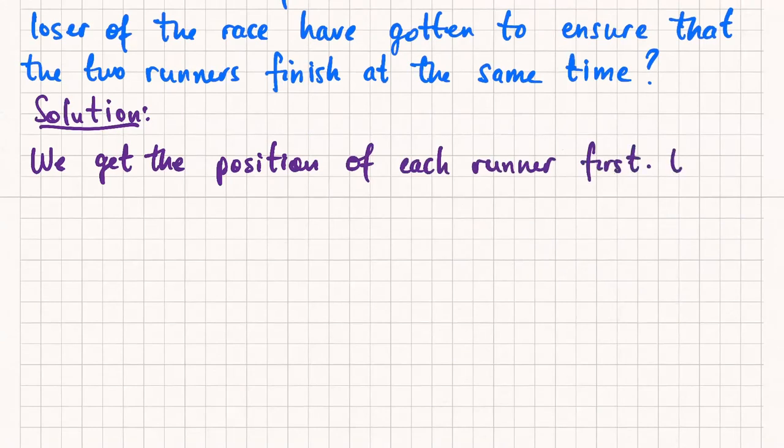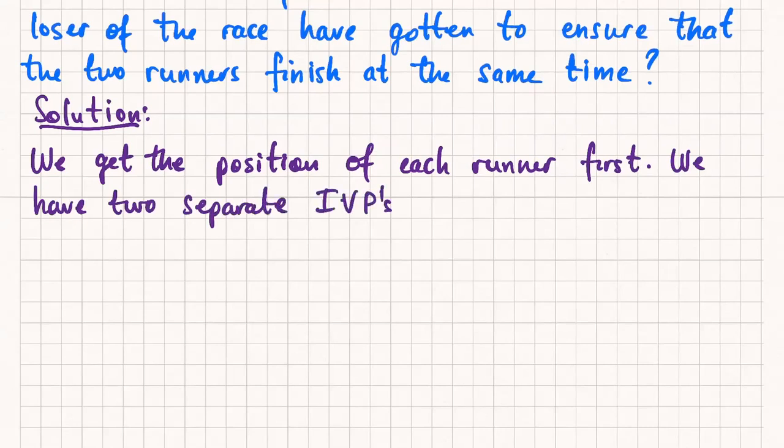We have two IVPs to solve. So let's look at runner A and look at runner B.